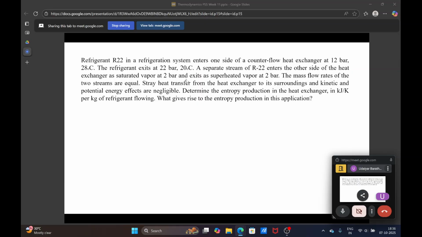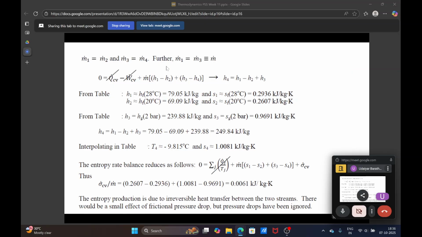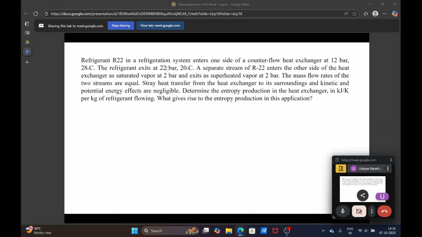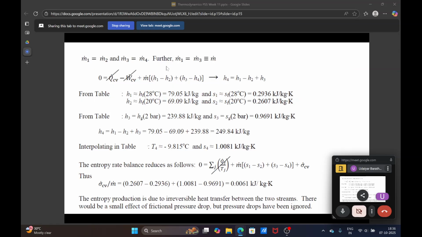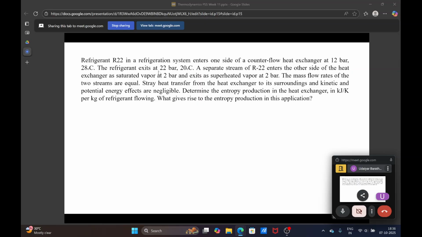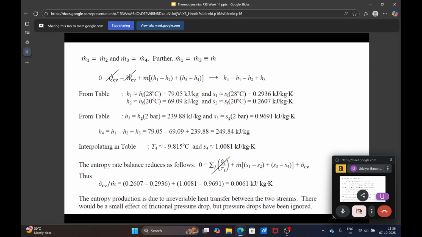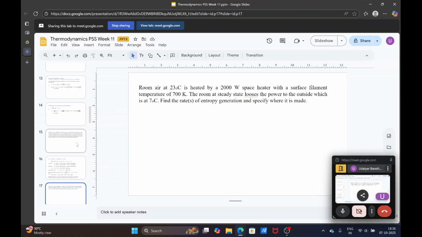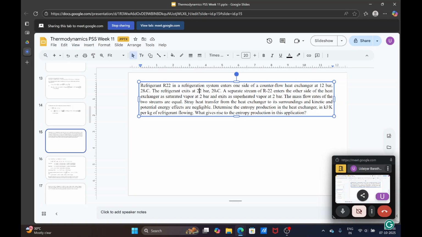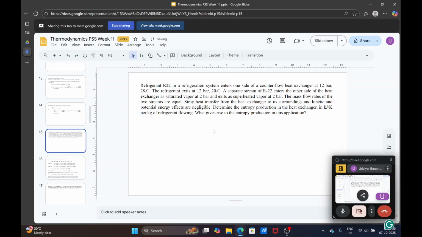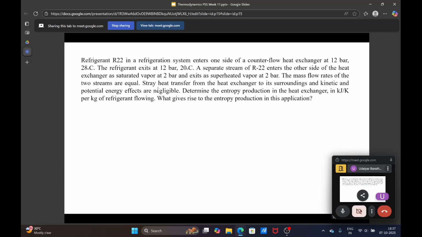The mass flow rates of the two streams are equal. I think this is 12 bar. I think there's a mistake here. So the refrigerant exits at 12 bar and 20 degrees Celsius. It cannot exit at 22 bar.